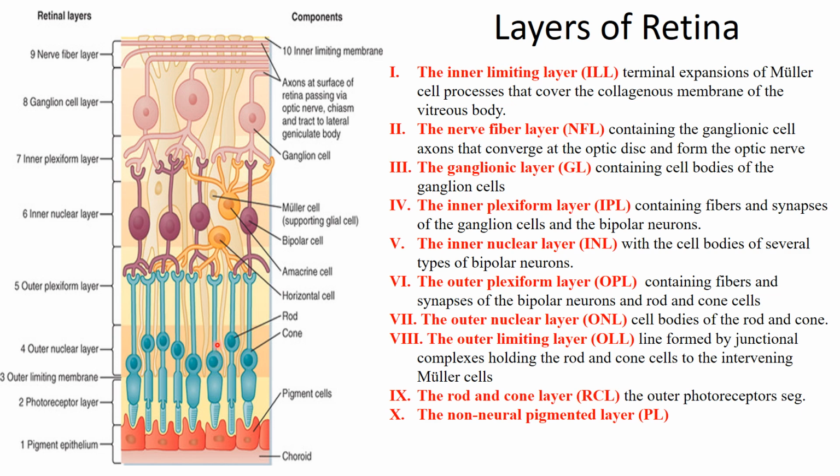Then interior to that is the nuclear layer, the outer nuclear layer, and this comprises the cell body and the nuclei of the rods and cones.